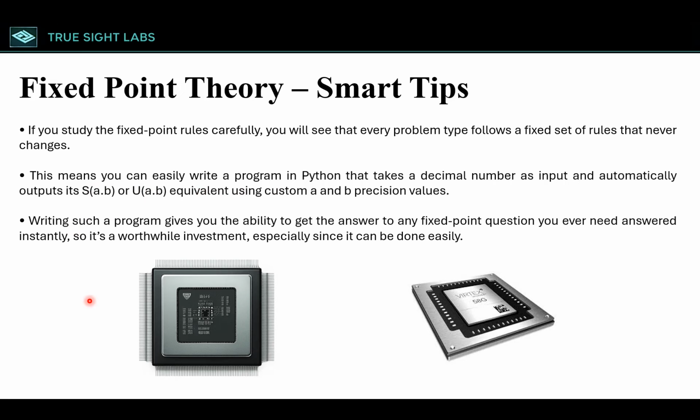So writing such a program gives you the ability to get the answer to any fixed point question you will ever have instantly. So it's worth doing, especially since it can be done pretty easily. So I'm going to show you that program right now.